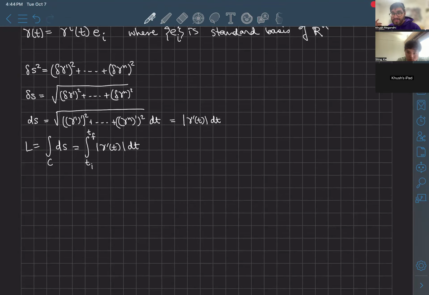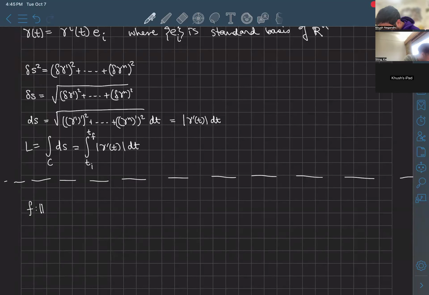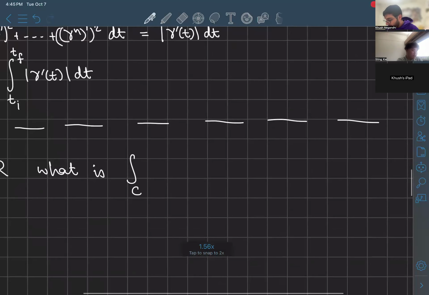Instead of looking at vector functions, I can redefine this for scalar functions. So I integrate basically along each coordinate independently. One way to think about this is, if I have a function f from Rn to R, then it makes sense to ask what is the integral along C of this function with respect to the ith coordinate.